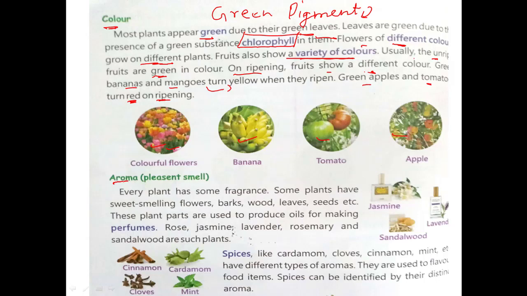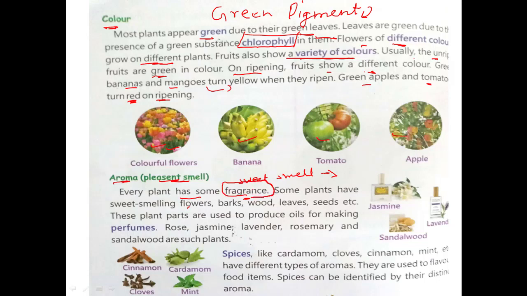Next is aroma. Aroma is a pleasant smell, a good smell, a sweet smell, we can say. Every plant has some fragrance. Fragrance is what? It is also a sweet smell. And the opposite, or antonym, of fragrance, you will tell me the answer.